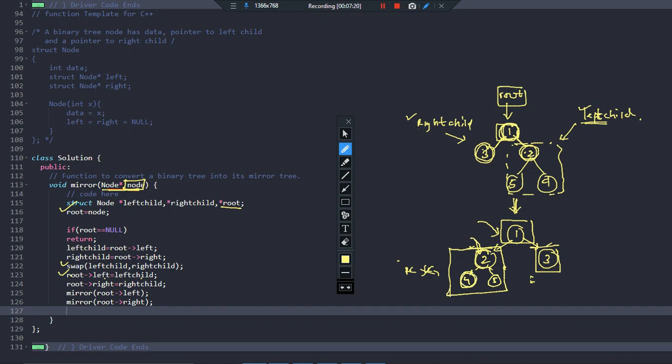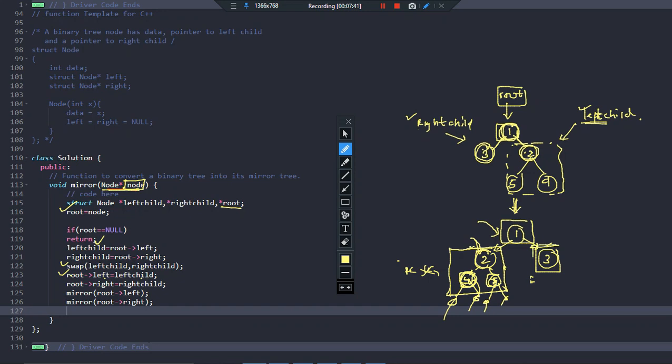If I do the mirror of this, root left is nothing but null, and if it is null, we know it is just returning. Root right, nothing but null, returning. Again mirror image of 5, root left null, root right null. Done. So no inversion takes place in these nodes, right? Because they are the leaf nodes.